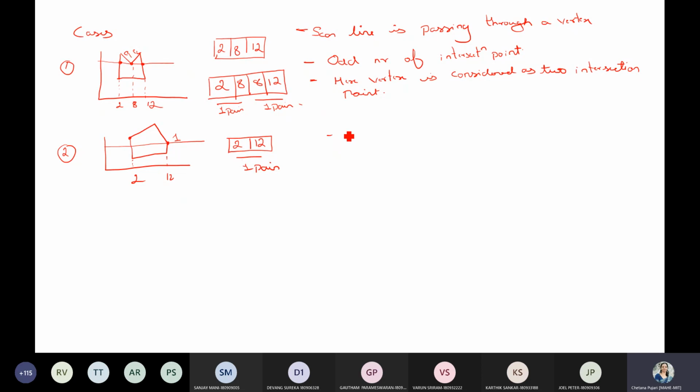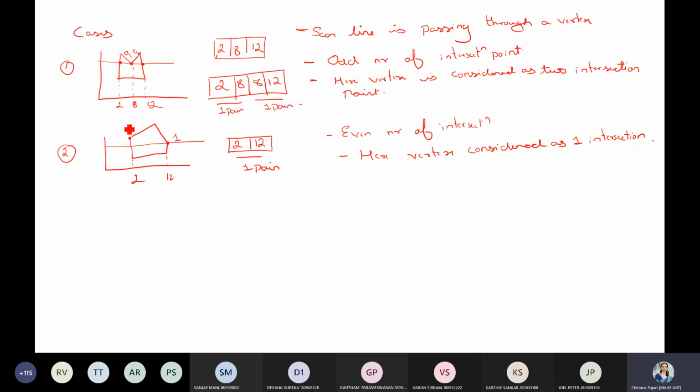Here you have an even number of intersections. Hence the vertex is considered as one intersection.